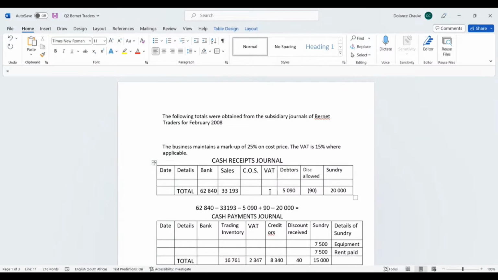Are we following the calculation you've done at the bottom? Right. 62 minus 33, 5 plus 90 minus 20. Correct. It's equal to 4,647.